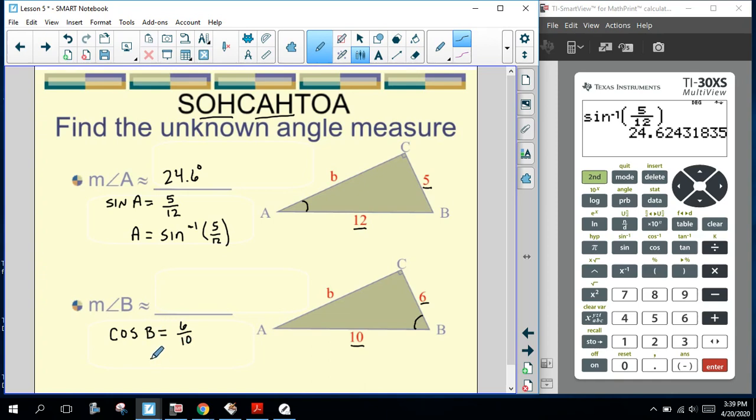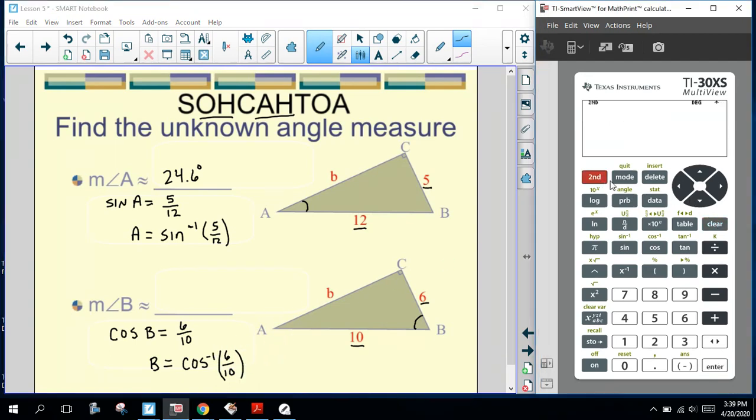I'm going to say that B then, to solve, remember to get rid of the cosine, I've got to move it to the other side, and you do the cosine inverse. So the cosine inverse of 6 over 10. And I plug that into the calculator. We'll clear that off. Here we go. Second, cosine 6.